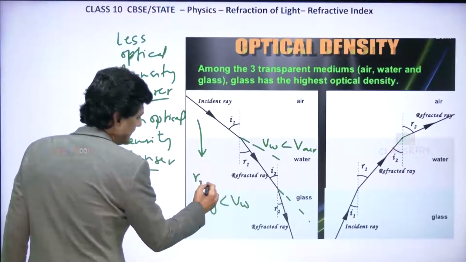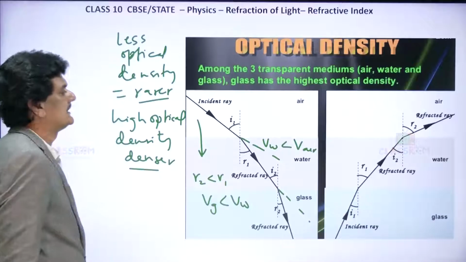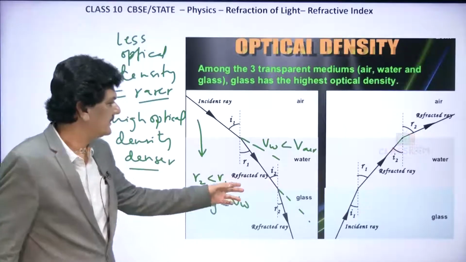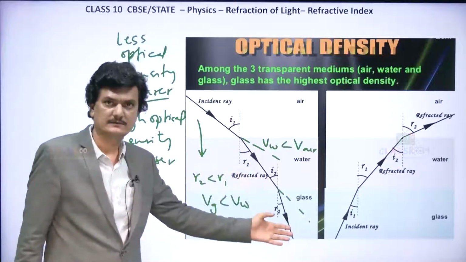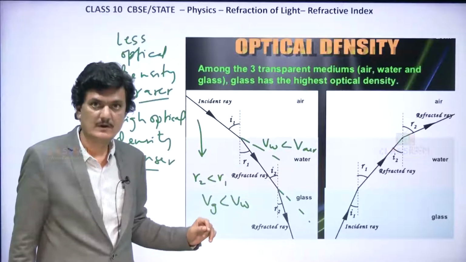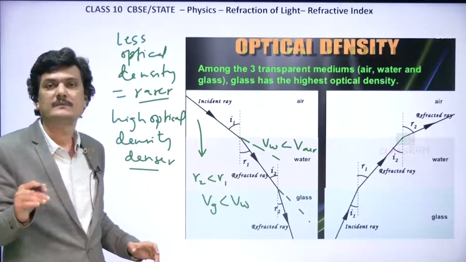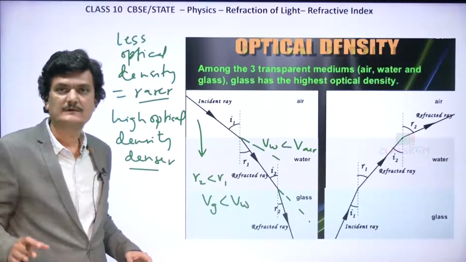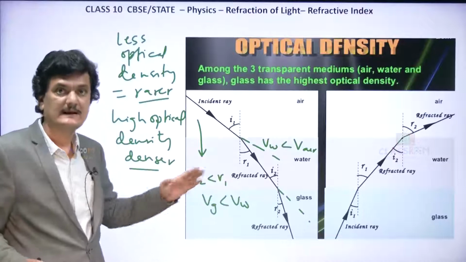Now this will also depend upon the angle of incidence, but in an optically denser medium, the angle of refraction will be less. Velocity is less and angle of refraction is also less. That is all decided by optical density.